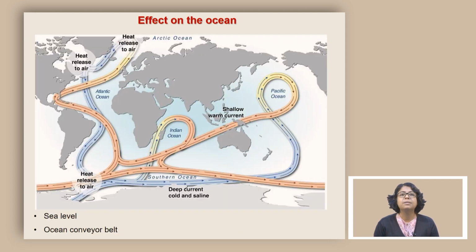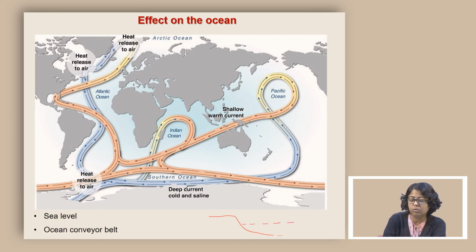Now, what happens if things get colder or things get warmer? One important effect is on the ocean. The first thing that we are familiar with is the sea level. Once you have the coast and then the level drops, we have a sea level where we can observe the sea water.